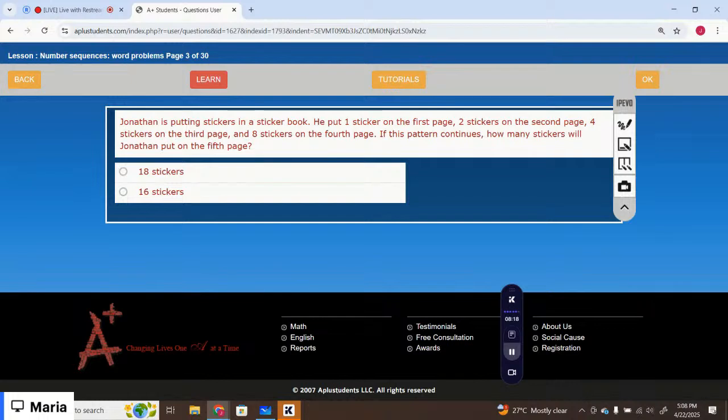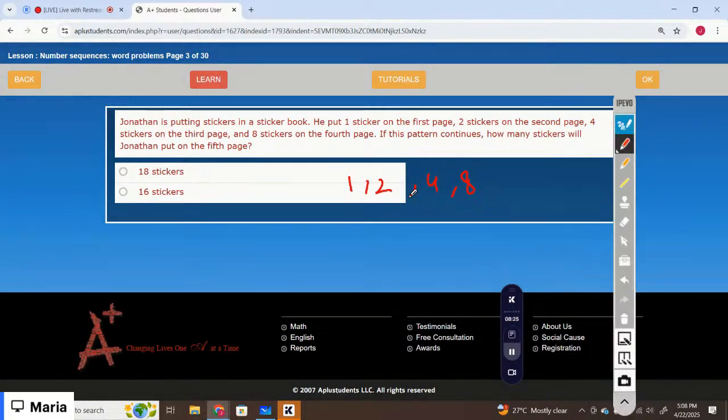Jonathan is putting stickers on a sticker book. He put one sticker on the first page, two stickers on the second page, four stickers on the third page, and eight stickers on the fourth page. How many stickers will Jonathan put on the fifth page?